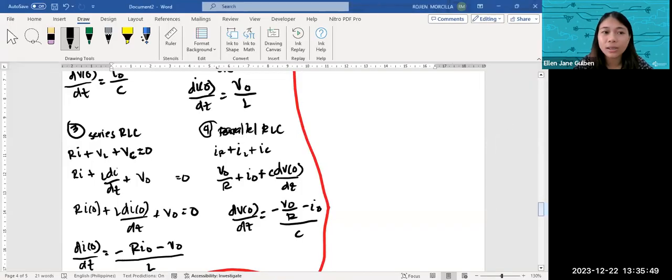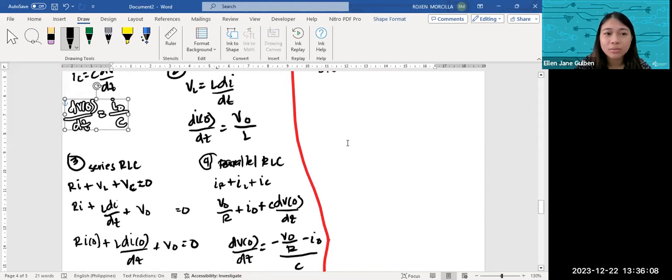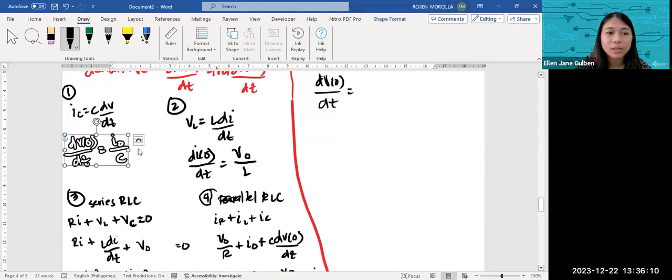We can see, class, that this number 4 is the most applicable initial condition. Why? Because we are using the dVO first. But compare it to the dVO right here. I think this is actually wrong.